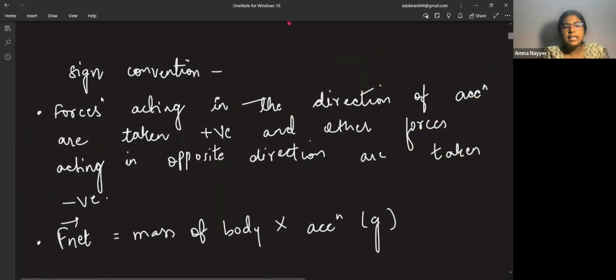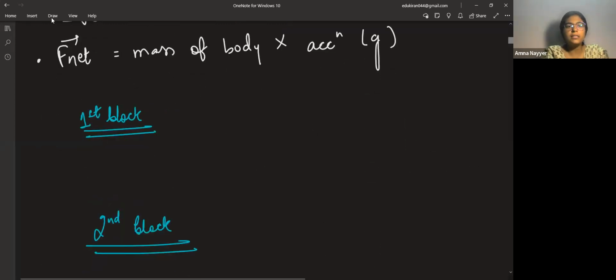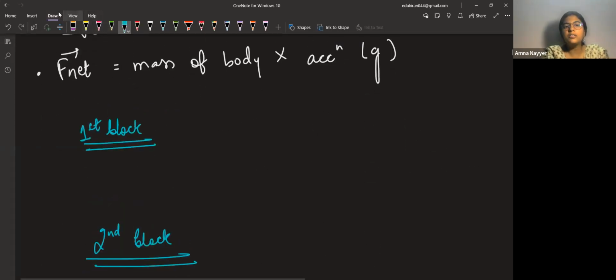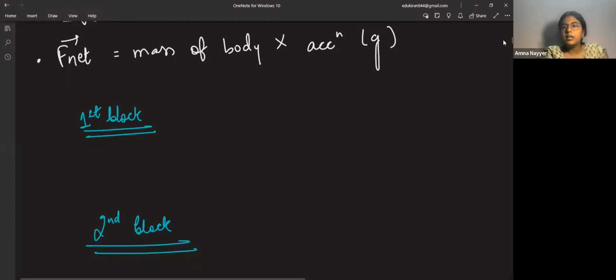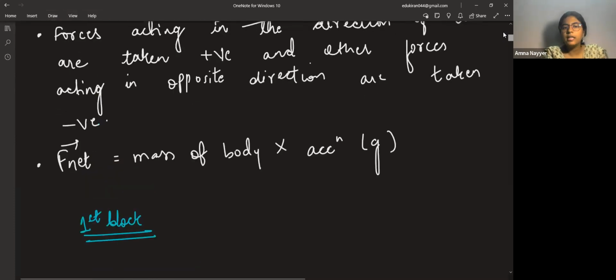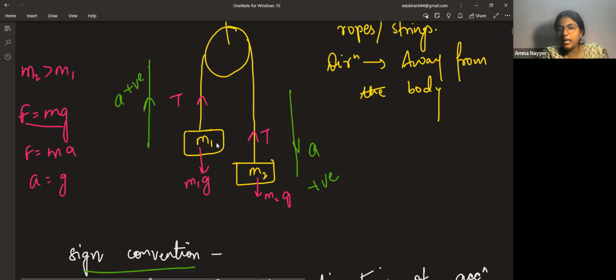So yes, sign convention: forces acting in the direction of acceleration are taken as positive, and forces acting in the opposite direction of acceleration are taken as negative. Net force is mass of body into acceleration. Now see what is meant by this. When I'm talking about the first block, mass of body into acceleration, that is the net force, right?